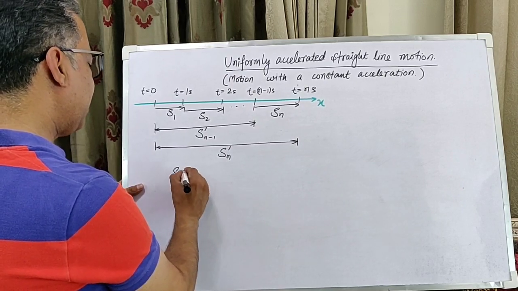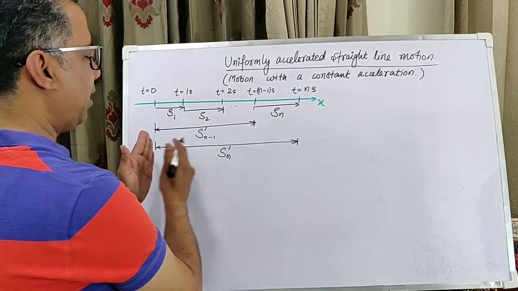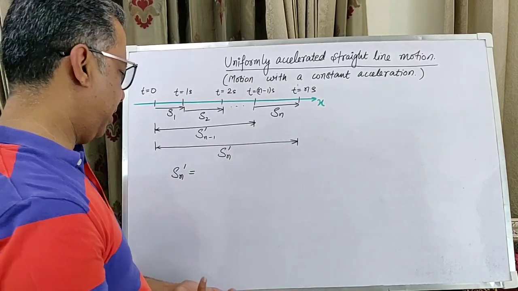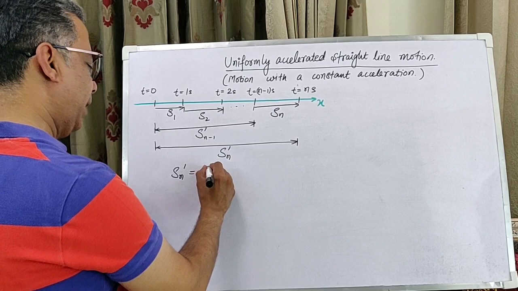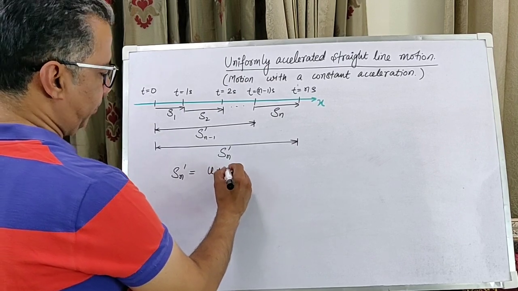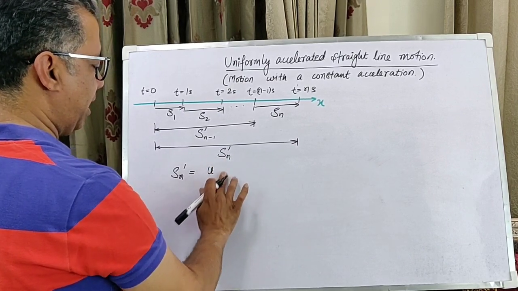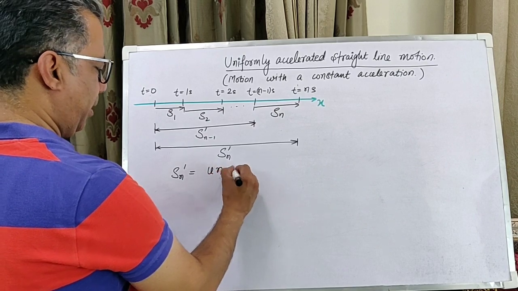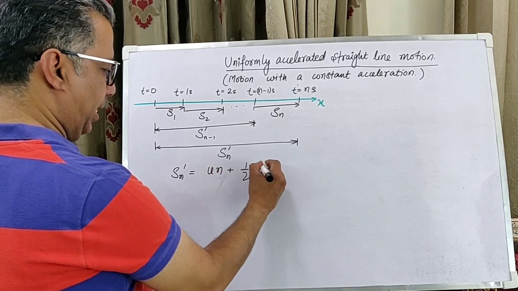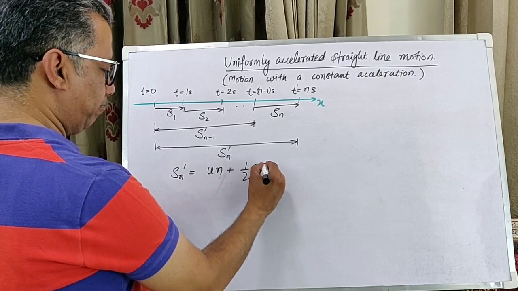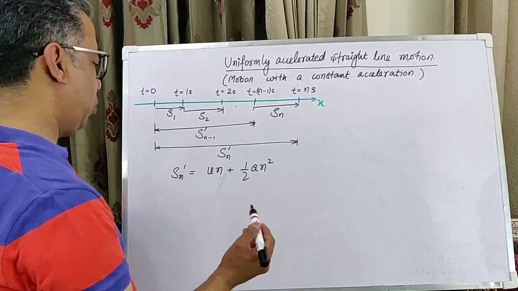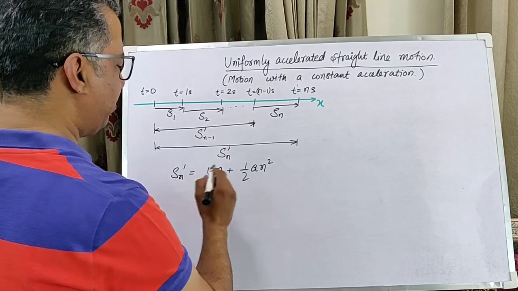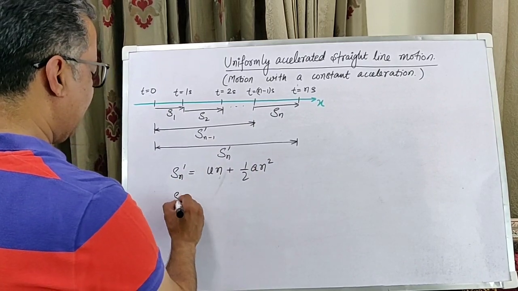Now Sn prime is the displacement in n second. Now in n second, the displacement will be simply u into t, t being n, plus half a t square. t is now n, so half a n square. This is the displacement in n second.